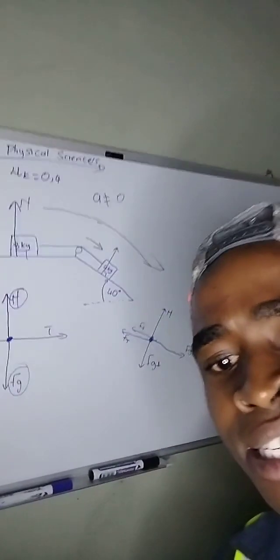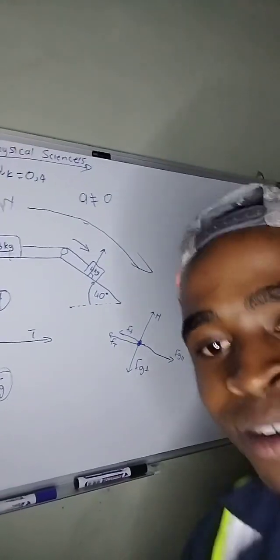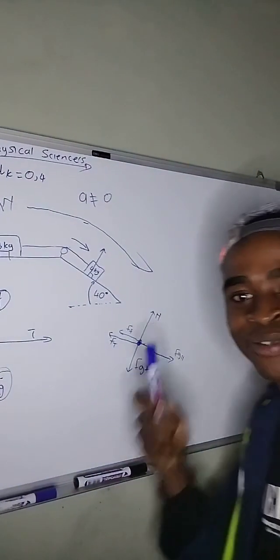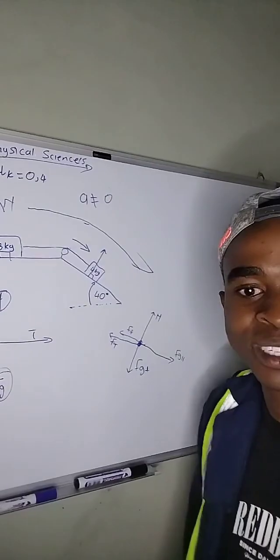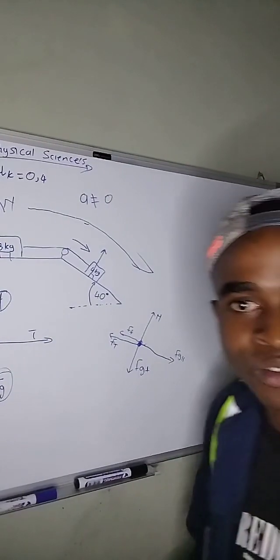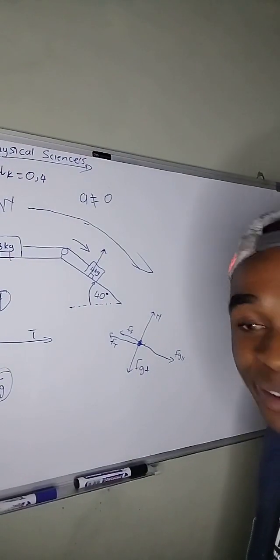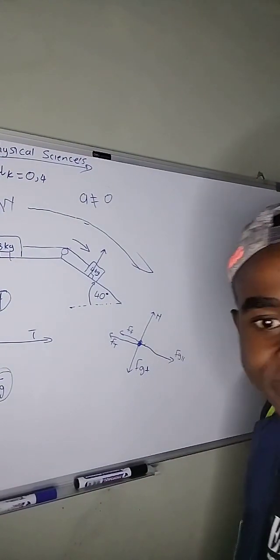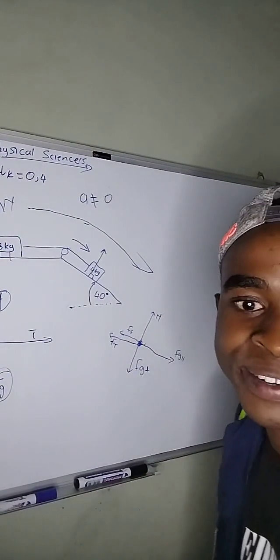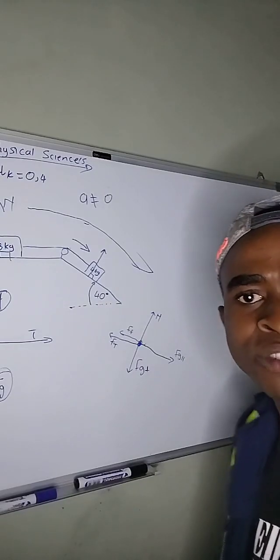So now here's the last question. What is it that is wrong with this free body diagram? I'm asking now.